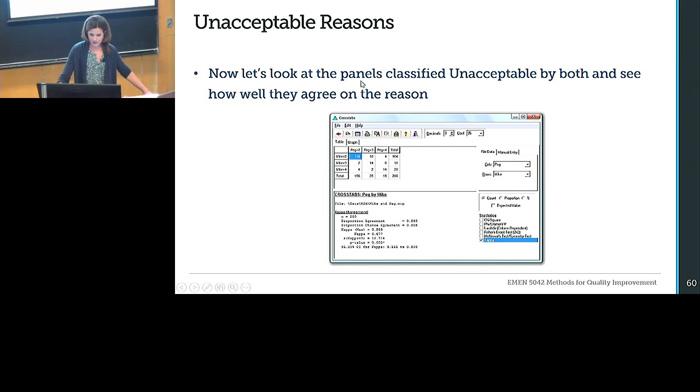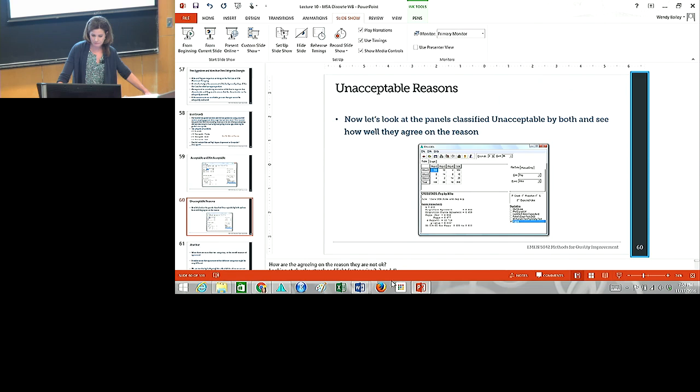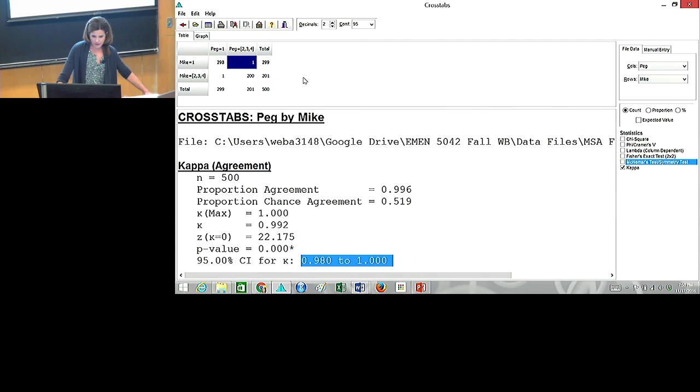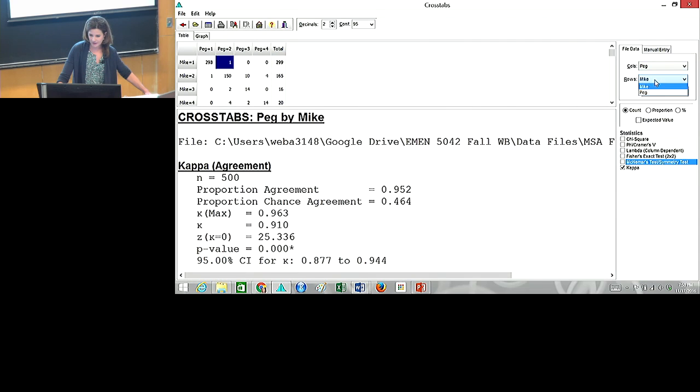So let's take a look here. Look at the panels classified unacceptable by both and see how well they agree on the reason. Overall, they agree that these are unacceptable, but let's see what they have to do with the reason. I'm going to go back here, click on this. Oh, I guess you can't merge it a second time, but you could just go back and click on Peg again and click on Mike again in the rows, and it clears that out.